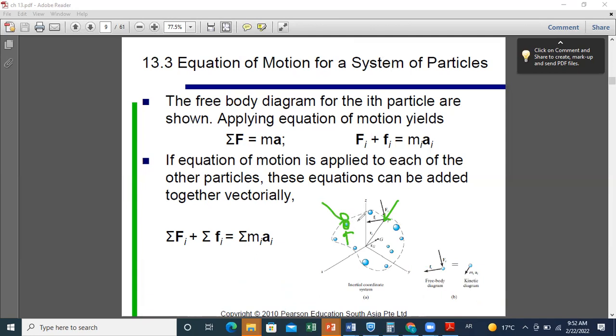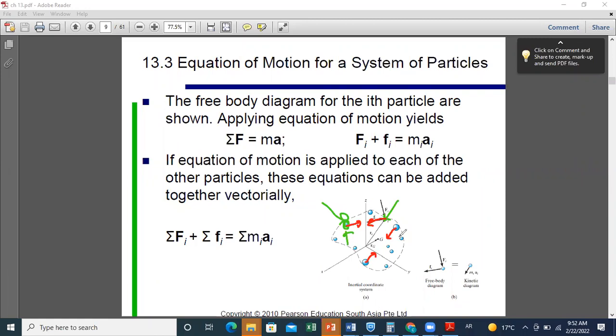So I will put them in another color. You have external forces and you have interaction between particles of your system. But by action reaction, any two particles in your system will have opposite action reaction between them. So this is the concept. This is the third law of Newton.